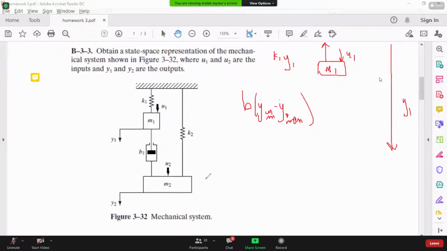Now we have to decide about the direction of the damping force. Does anyone know how the direction of this force should be? Should it be upwards or downwards? Okay, why is it upwards?